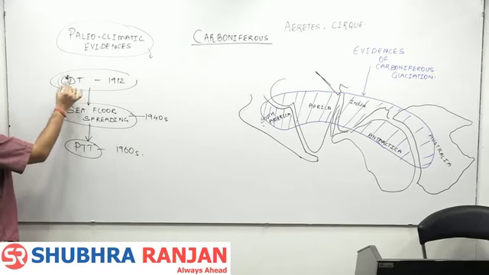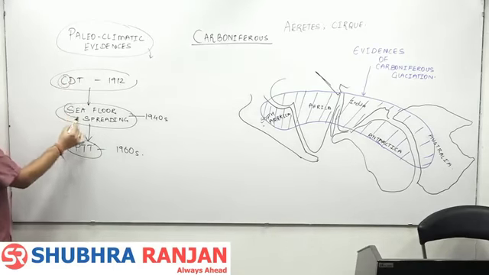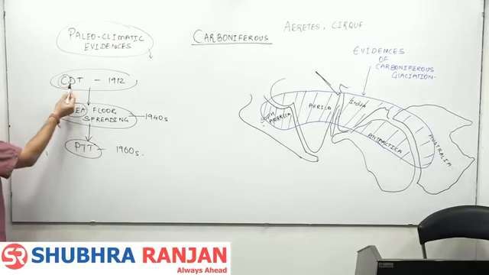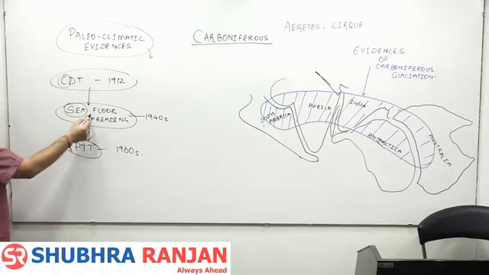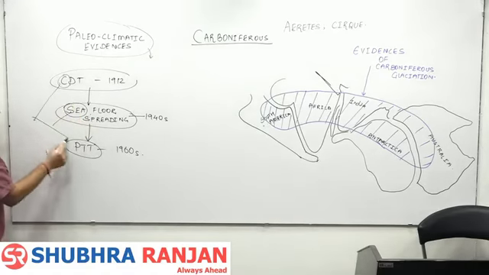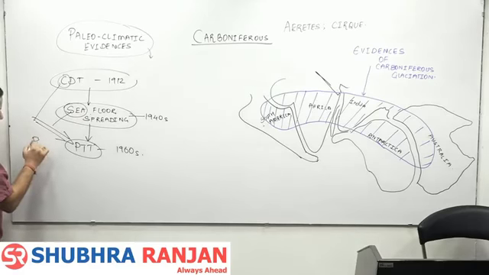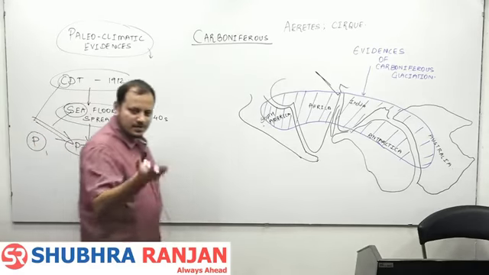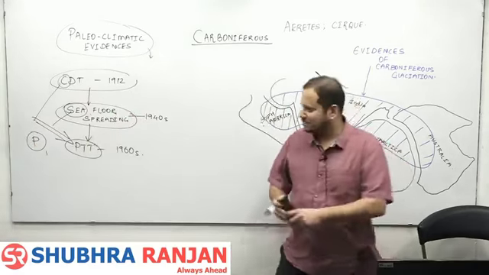So he talks about drifting of the continents, they talk about drifting of the sea. This is movement of the continents, this is movement of the sea. They combined both and it became the plate tectonic theory. Fine. So it is nothing but that approach only.